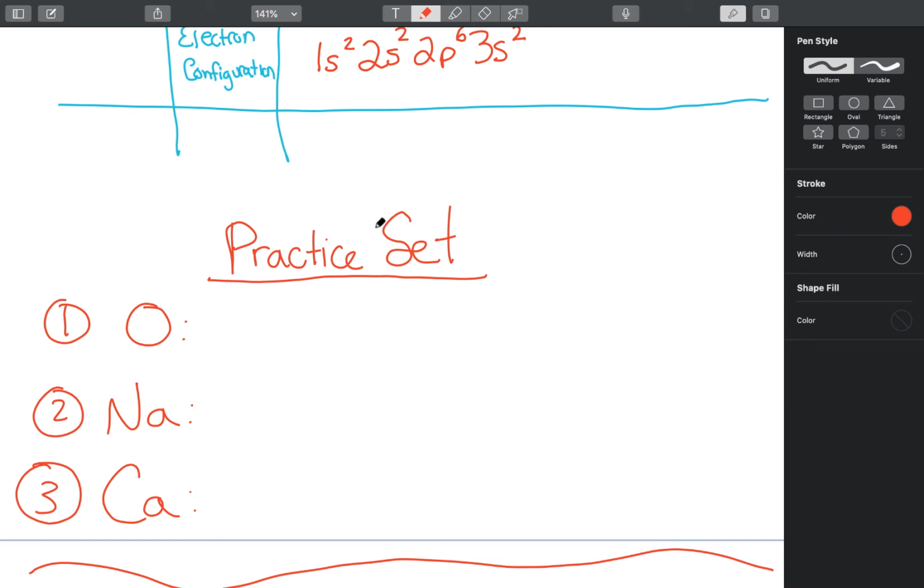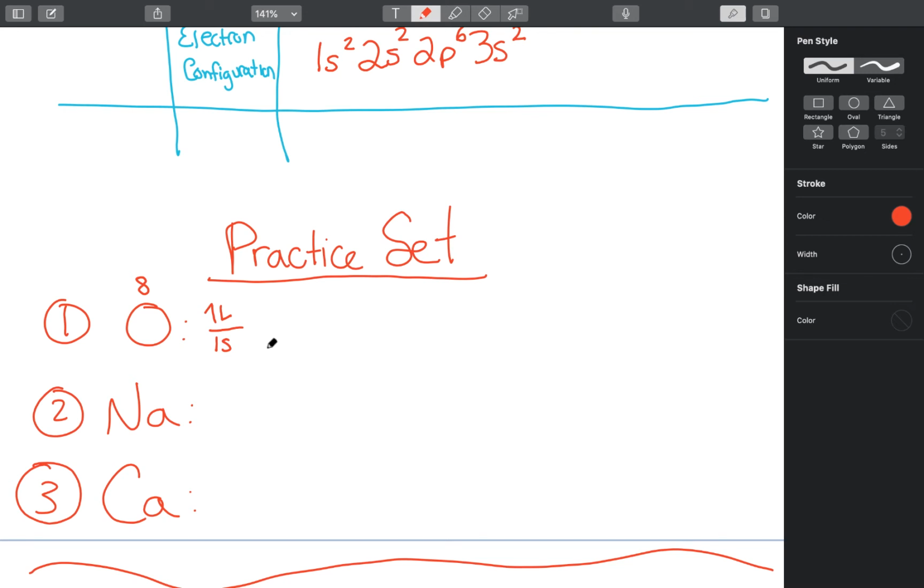Let's start off with the first one, which is oxygen. Oxygen has 8 electrons. Remember, the way that you can find out how many electrons a particular element has is to look at the atomic number. As always, we start off with the 1s subshell because it's the lowest energy subshell, and we put 2 electrons in there.